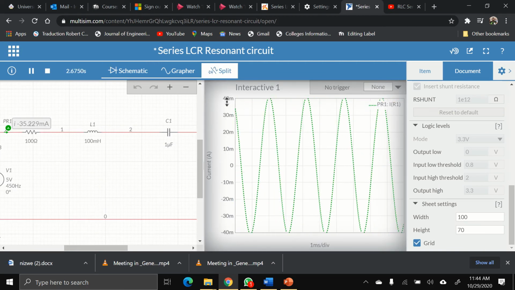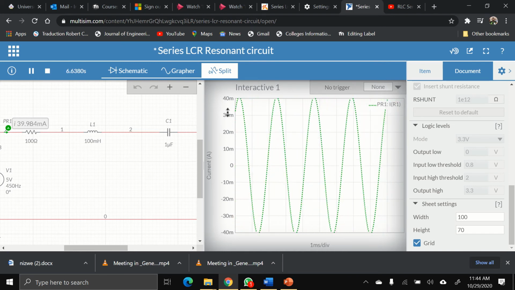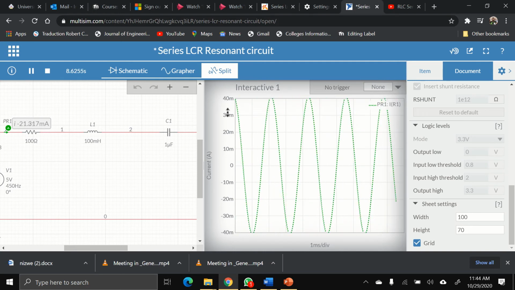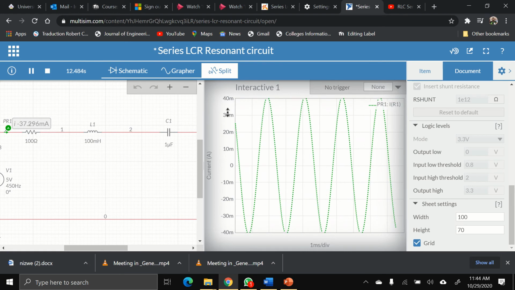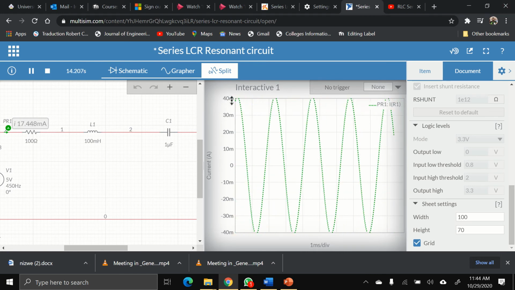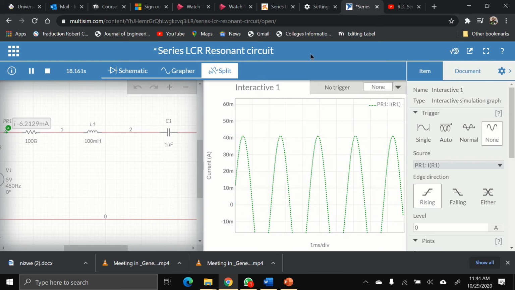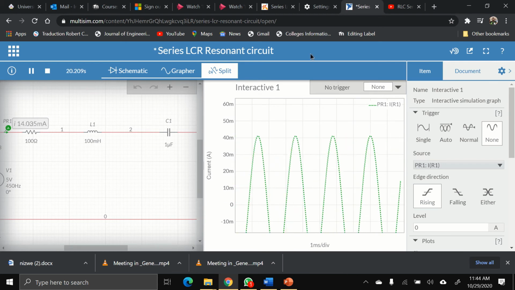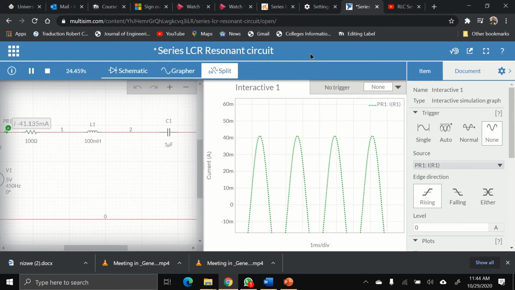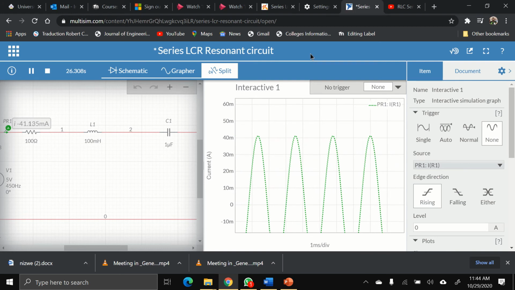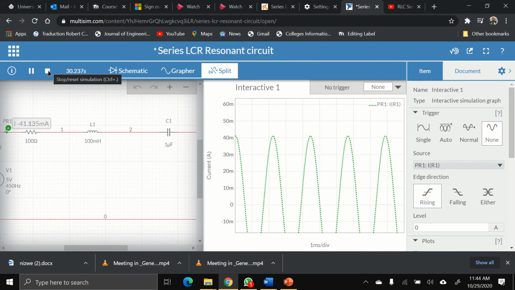Before, at 400 hertz, it was 30 milliamp. Now it is going out of the graph, so we can scale the graph. At 450 hertz, it comes to 40 milliamp. We note this down, and then stop the simulation from here.